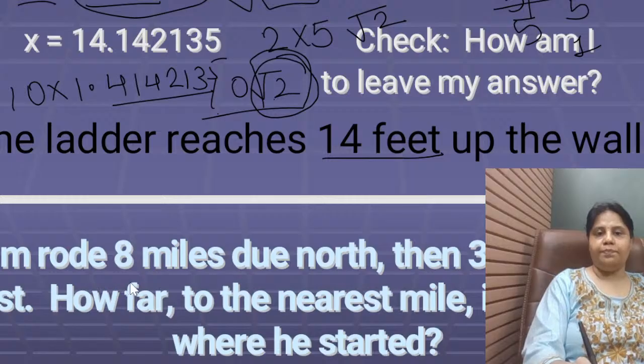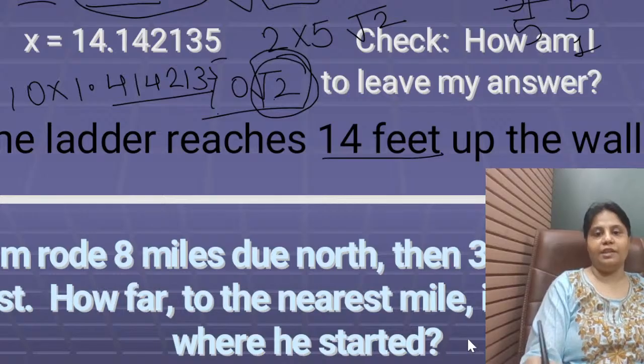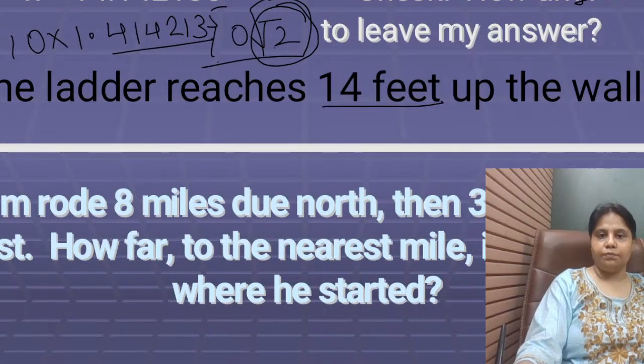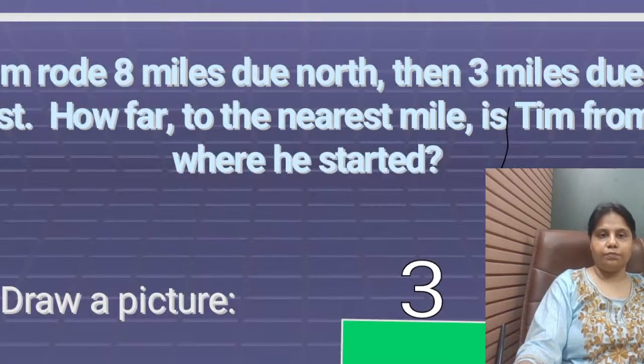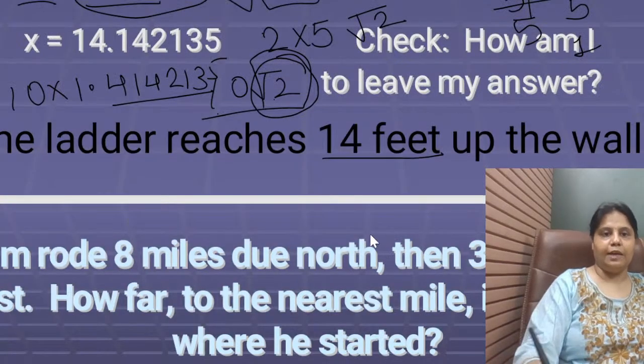Tim rode 8 miles due north, then 3 miles due east. How far, to the nearest mile, is Tim from where he started? So here we first try to find out with the diagram.